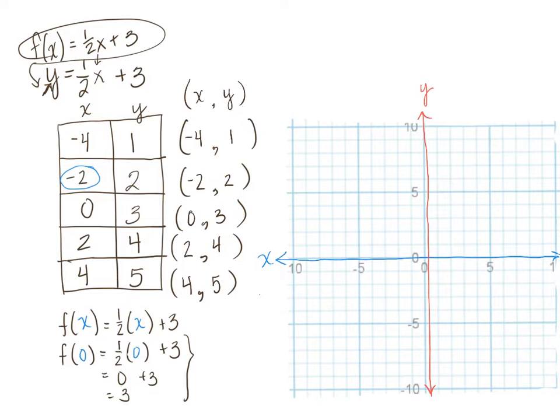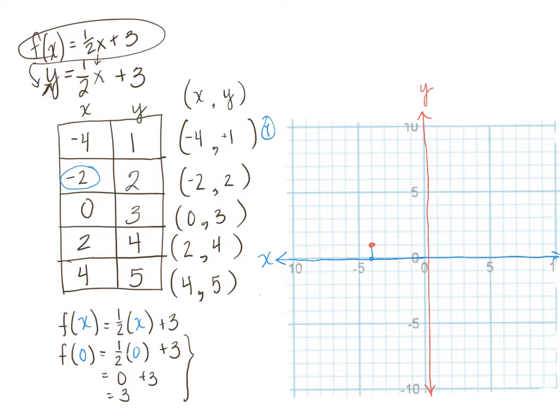And let's look at graphing these. So if I'm going to graph point 1, I'm going to go -4 on my x. So that's to the left, 1, 2, 3, 4. And then I'm going to go up 1. Why 1? Well, because this is technically +1, and positive goes up.